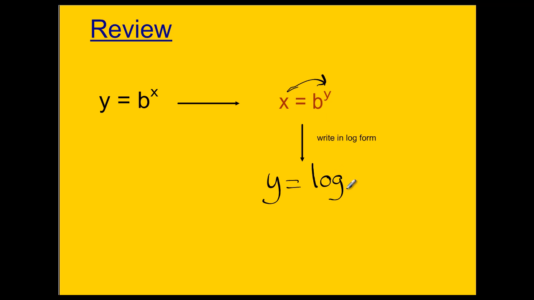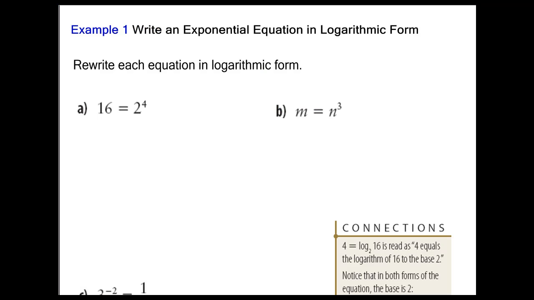The base is b up here, so the base is b down here, followed by x. These two equations are the same. They represent the same graph, the same function. These two are the inverse of this exponential function. So if you have a situation where you're looking at an equation and you need to solve for the exponent, you can write its log form and solve for the exponent, and we'll see a number of cases with that.